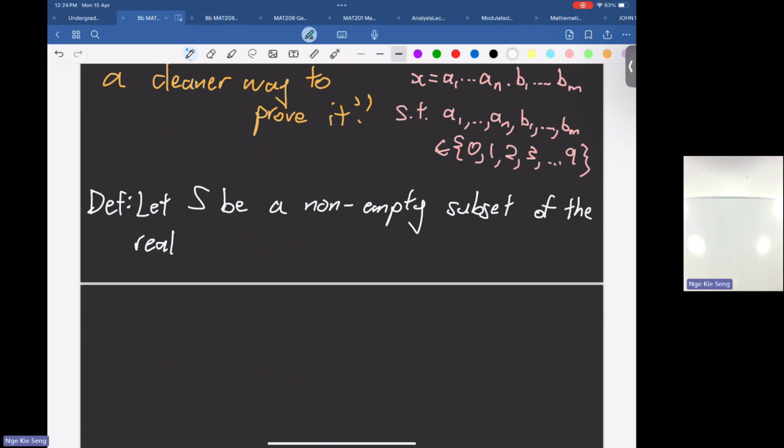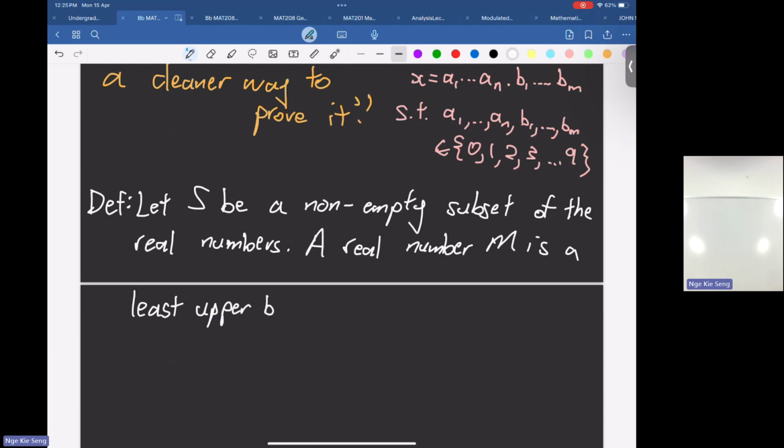So let's start with a non-empty subset S of the real numbers. A real number M is a least upper bound. This is a new concept you have to learn in mathematical analysis before you graduate from this course. LUB, sometimes we call it the supremum.